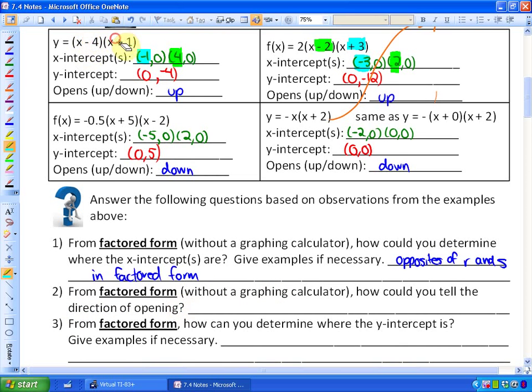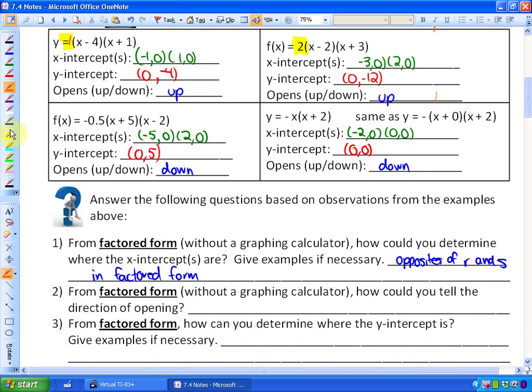Now let me highlight these things again. These are characteristics that maybe you could notice on your own as well. You can tell the direction of opening from the coefficient a. So let me show this to you in just 1 second here. So, if we have a positive coefficient like 2, or like a coefficient of 1 in this first one here, that helps it open up.